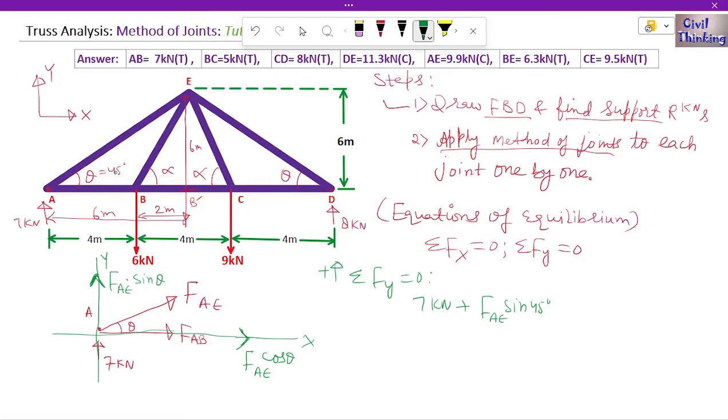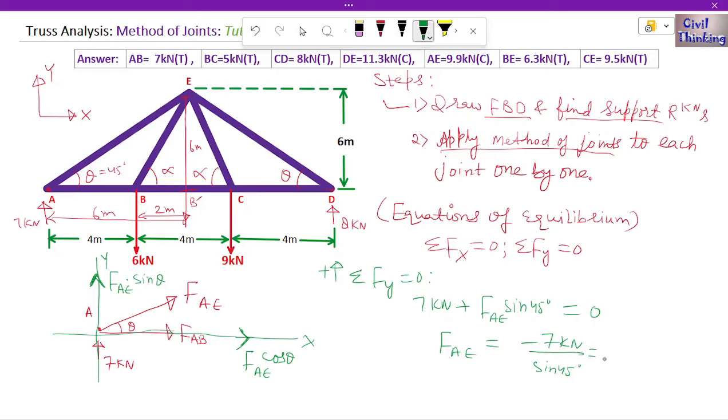Do we have another force in the y direction? No. So the summation of all these forces we have to equate to 0. Now from here we are going to get the value of FAE to be minus 7 kilonewton divided by sine 45 degrees.